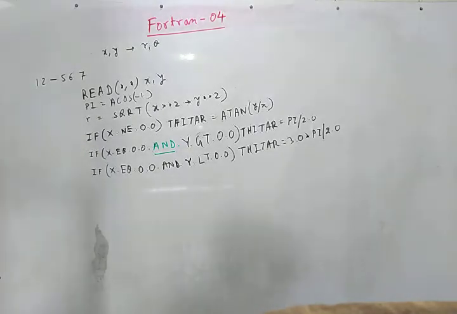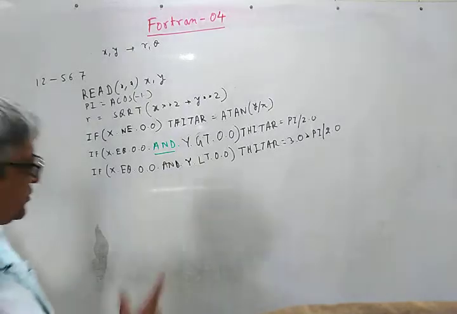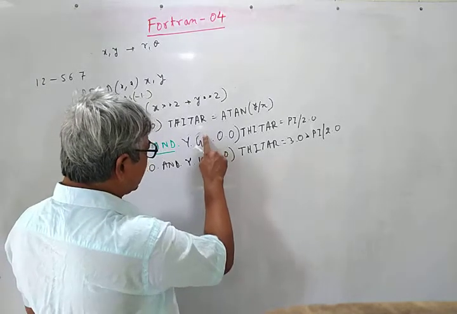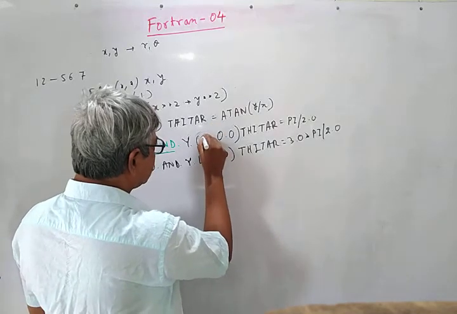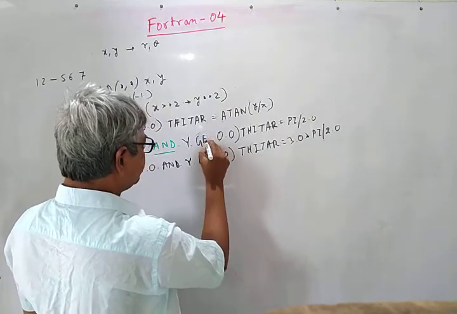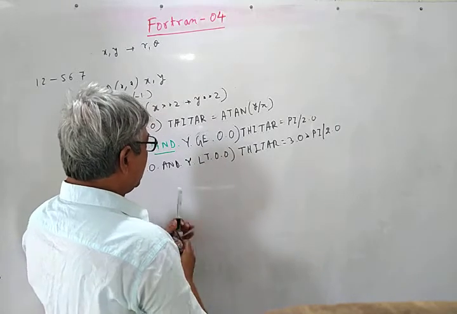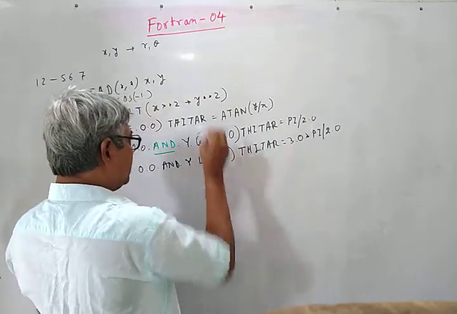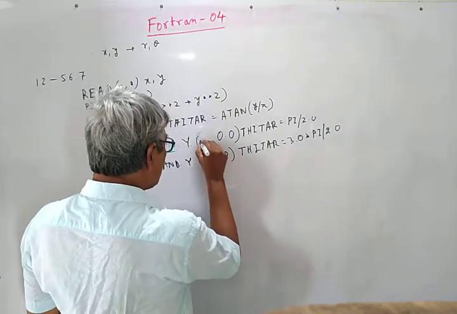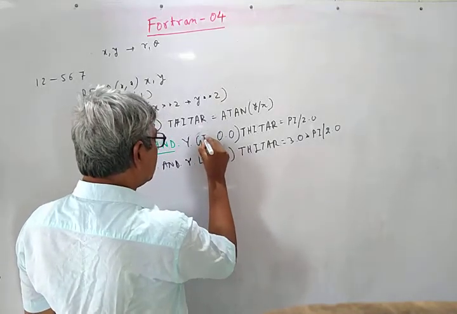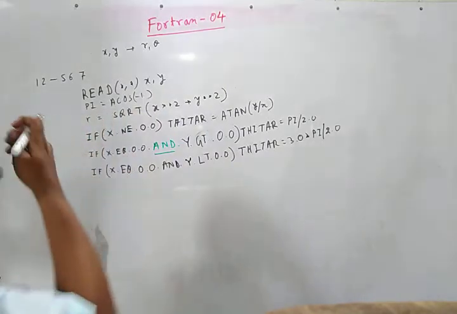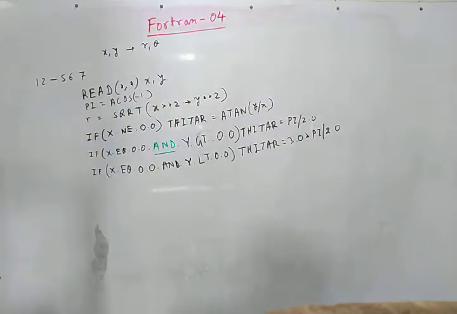Only thing that is left is that x is equal to 0, y is equal to 0. That can be taken into consideration by putting greater than or equal to. Oh no, sorry. Let me keep it like this. This is the only provision that is left: x is equal to 0, y is equal to 0, then theta is equal to 0.